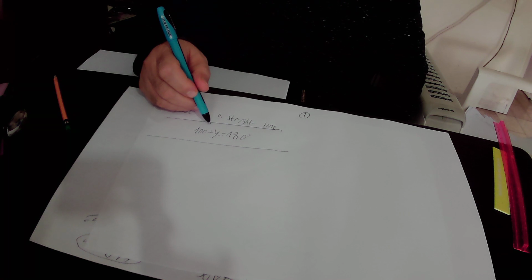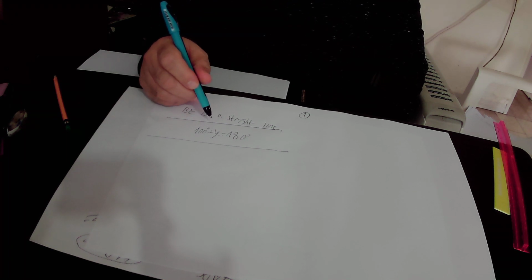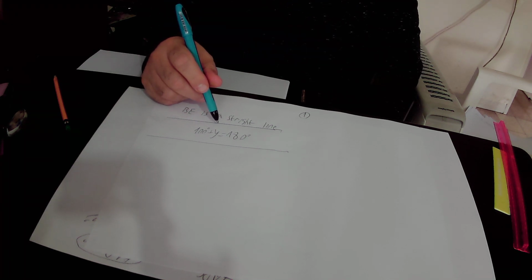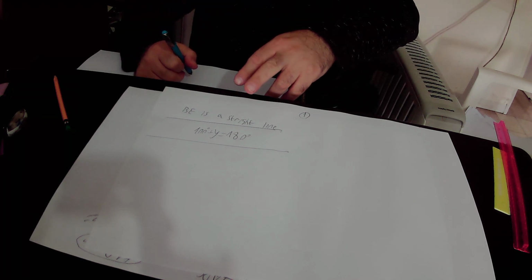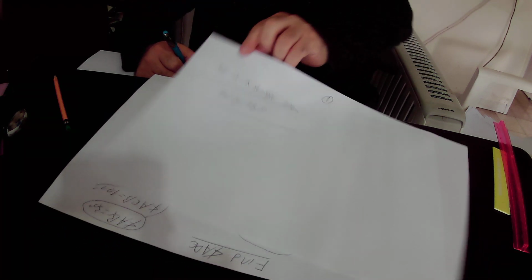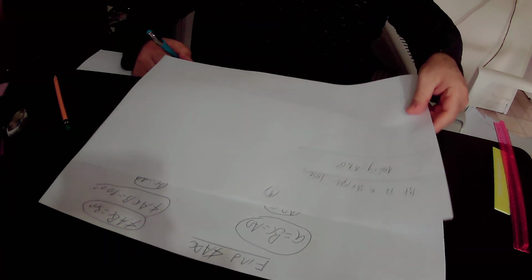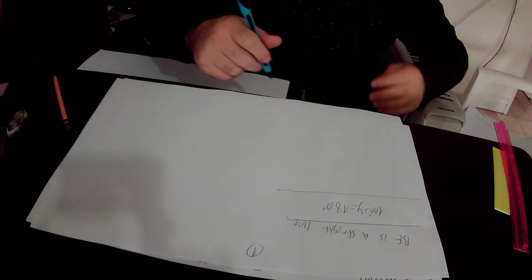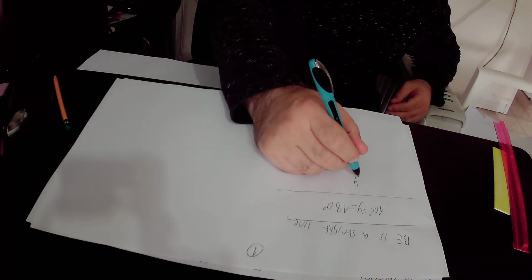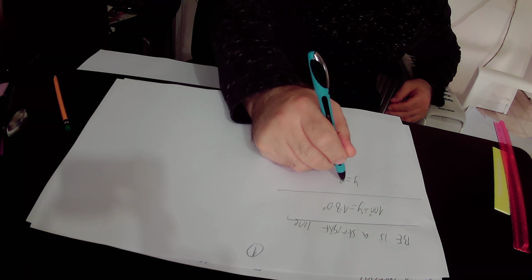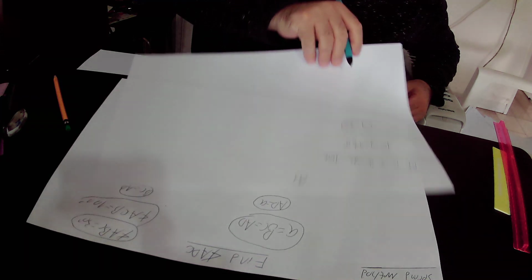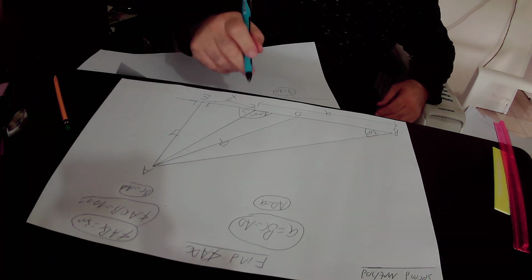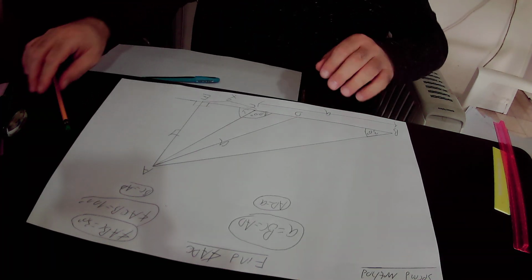That is to say, 100 degrees plus the size of angle Y must be equal to 180 degrees. Here we subtract 100 degrees from this equation, and we get that angle Y equals 180 degrees minus 100 degrees, which is 80 degrees. So we found that the value of angle Y, this angle ACE, equals 80 degrees.